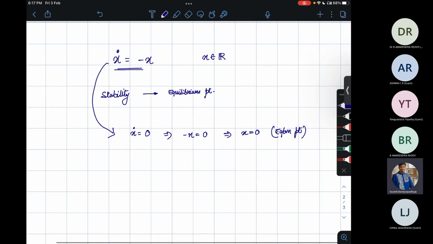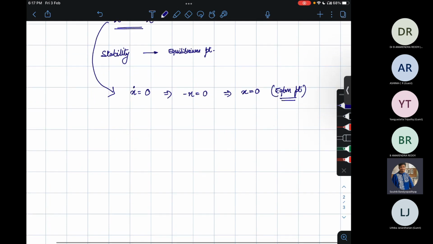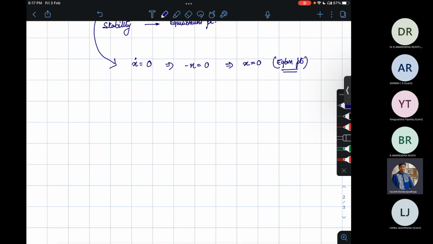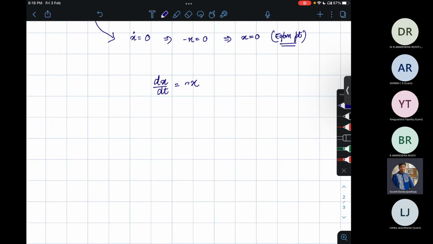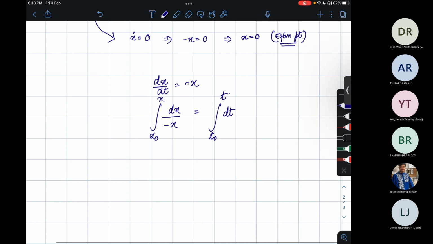Okay. So given this equilibrium point, we can comment on the stability of this system. Now, if you look at dx by dt equal to minus x, you can solve this by integration from t naught to time t, and from x naught to x.